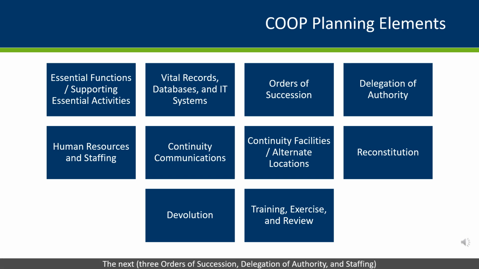The next 3, orders of succession, delegations of authority, and staffing are all related to human resources. Next, we have continuity communications, followed by continuity facilities or alternate locations. Reconstitution is next, followed by devolution, and finally training and exercise and review. All of these sections are part of the COOP completion guide and COOP plan template provided in the toolkit.